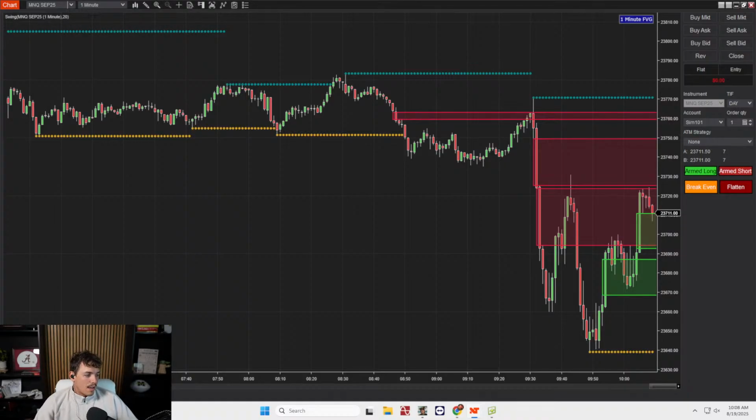ES swept Asia high in an hourly fair value gap. We have a SMT.